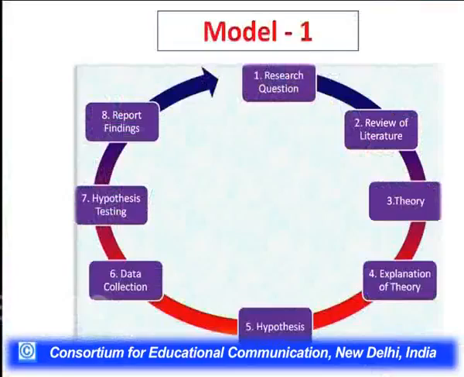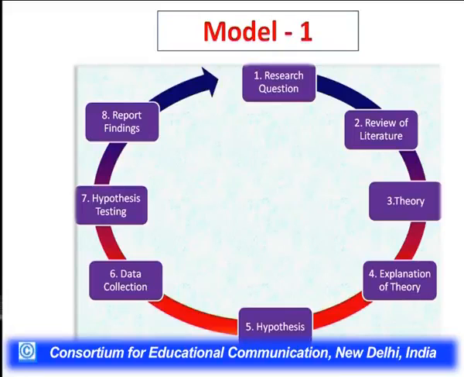Now, because we are talking about the steps of research, I'll give you two models, although there are other models as well. But I thought for your kind of research, this would be a very useful approach. You start with the research question, then go to the review of literature.